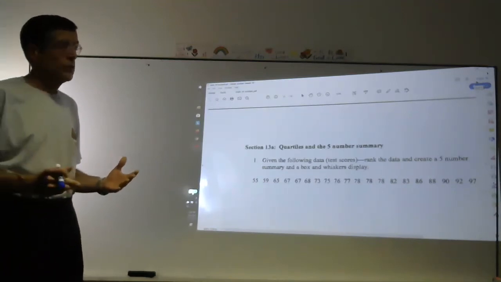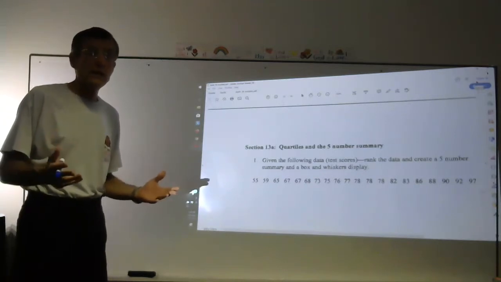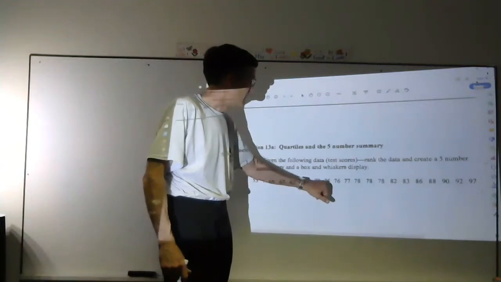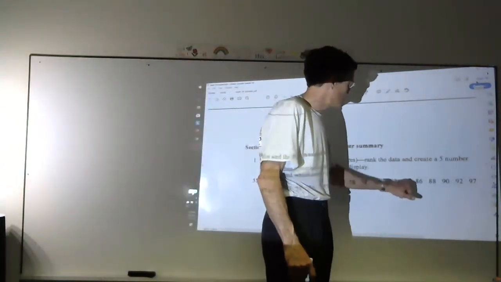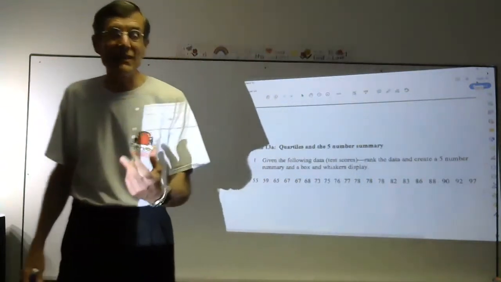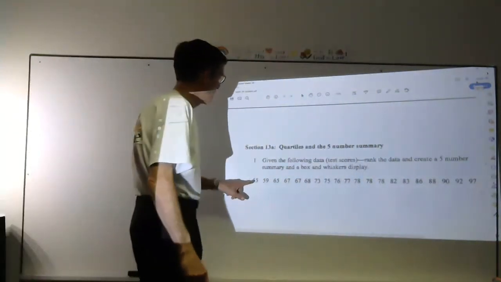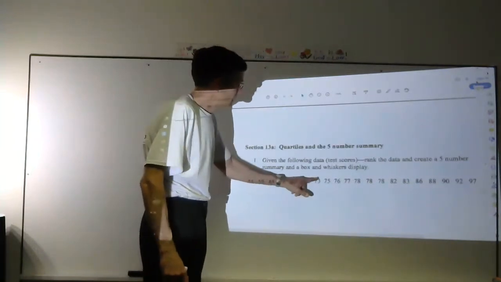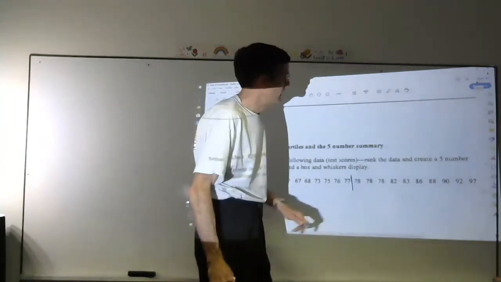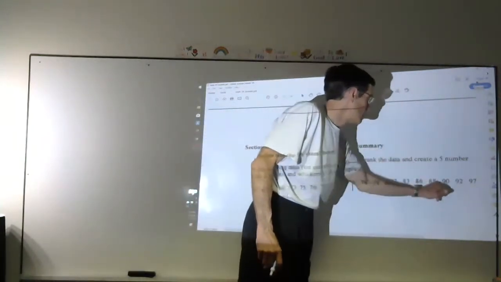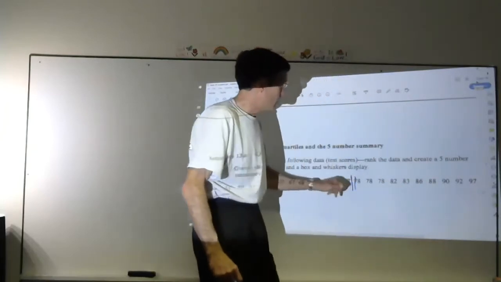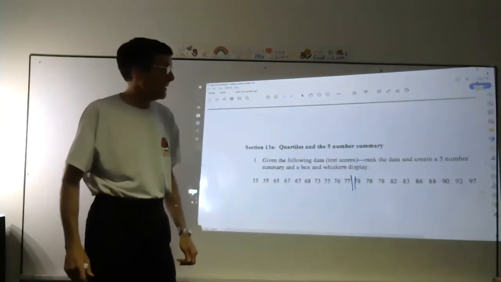Now, the first thing you want to do is find the median of the entire set. There are 20 items of data. That's an even number, so I can count up 10, and then counting down 10, I want to be in the middle between 77 and 78.